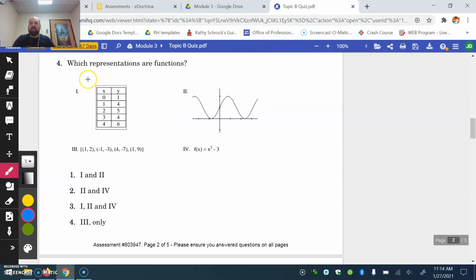Number 4, which representations are functions? There are 2 things we're going to remember here to figure this one out. One of those is VLT, vertical line test. Remember what that says. In an earlier video, the one on the review, I talk about the vertical line test.